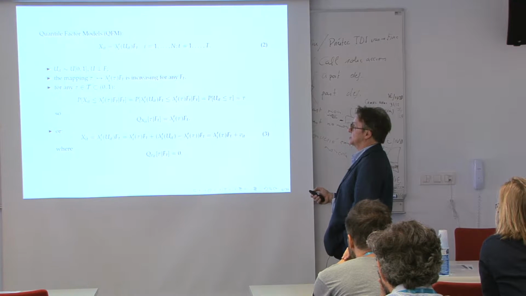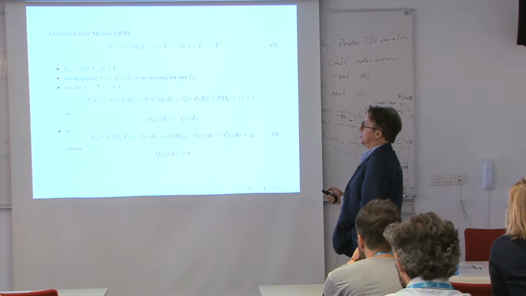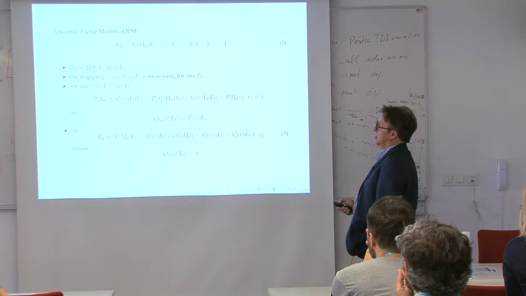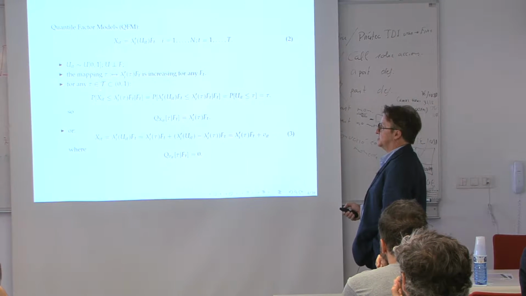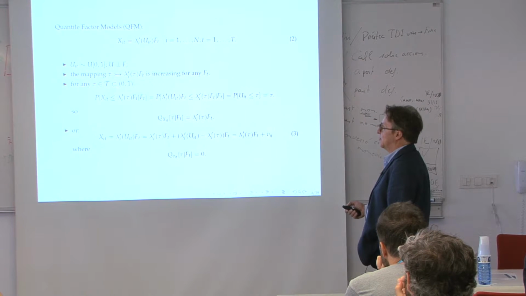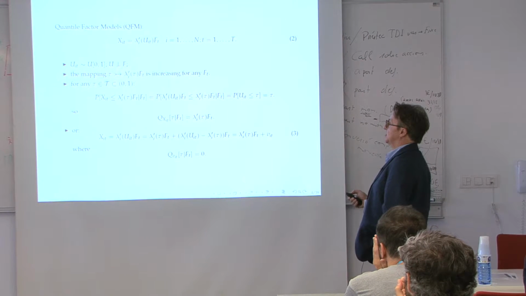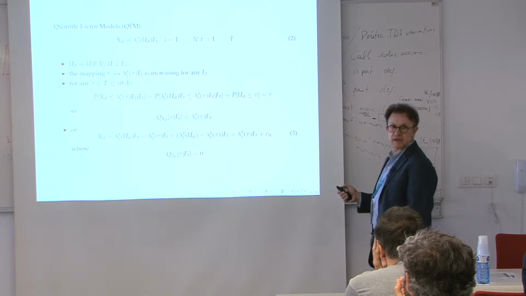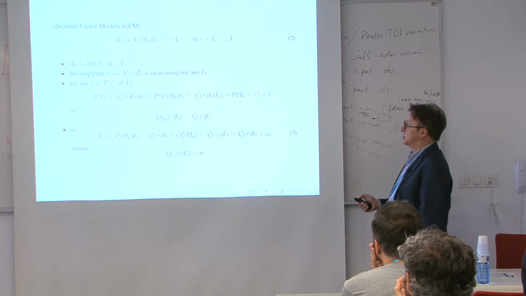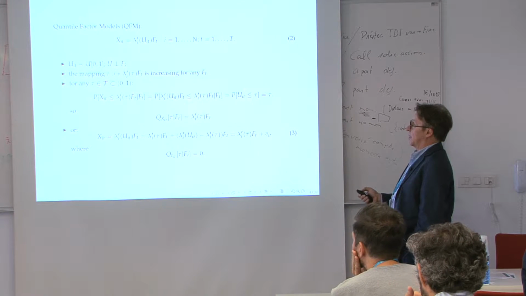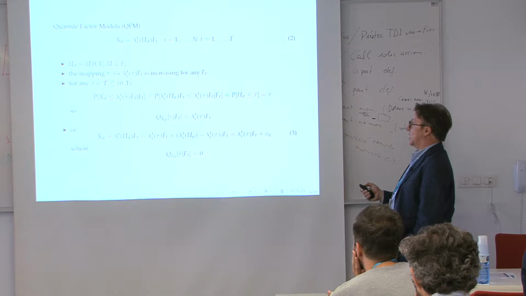So this is important. This is increasing for all t. And then you immediately see that if we define the probability of X_it being smaller than a particular value, for tau in the interval (0,1), then this immediately yields the quantile. So the probability of the uniform being less than tau is of course tau.